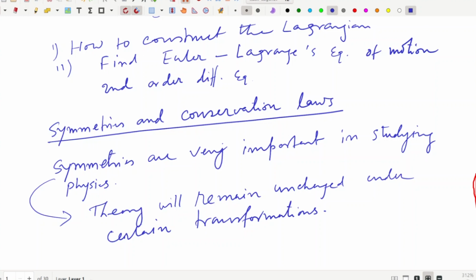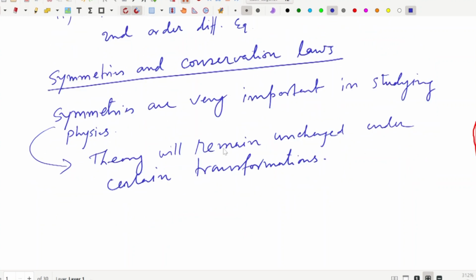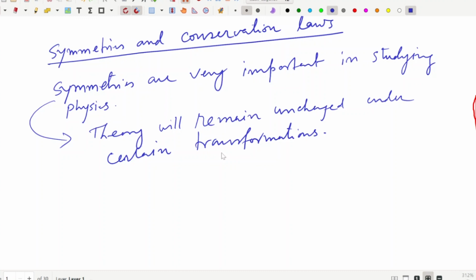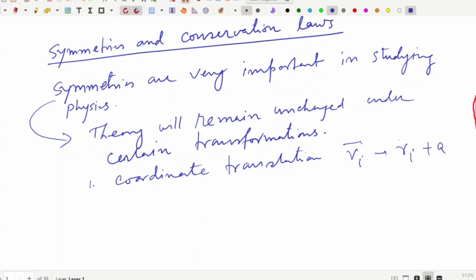We know various transformations in physics. For example, we know the translation of coordinates, like Ri going to Ri plus A. This is also called the shift of coordinates, shift of origin.